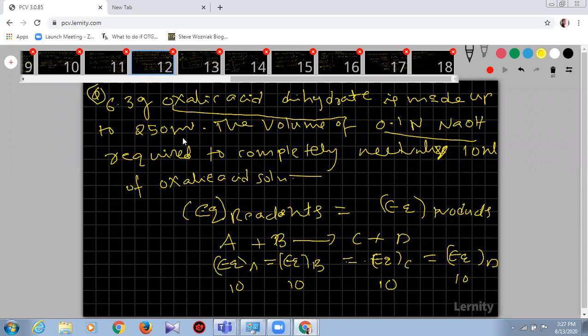Normality is weight by equivalent weight into 1000 by V in ml. Am I right or not?